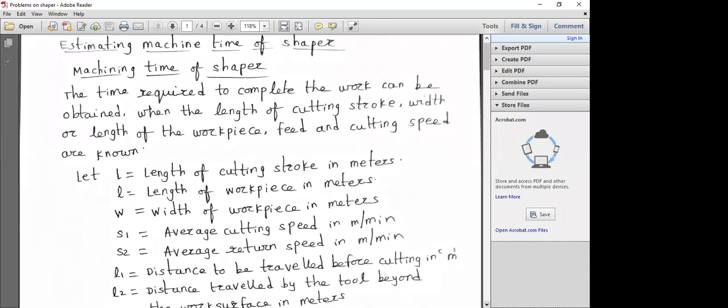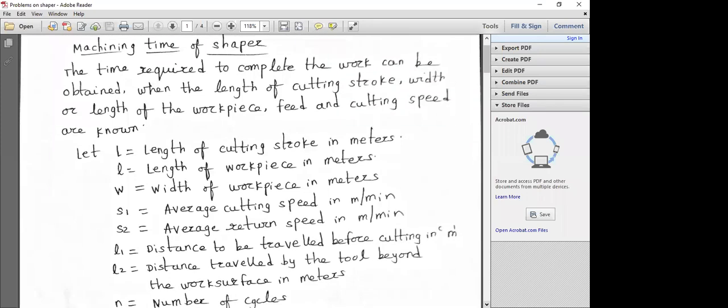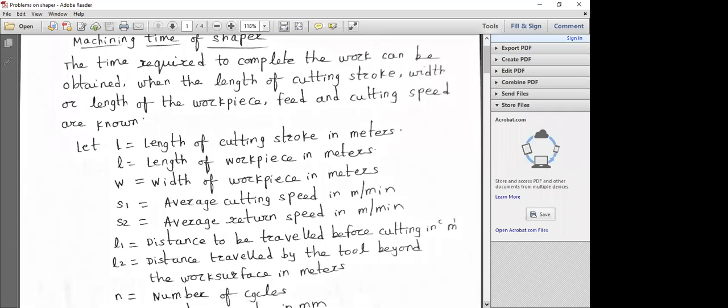L2 is the distance traveled by the tool beyond the work surface. Already I told you some relation is there between L1, L2, l and capital L. We'll try to discuss that.